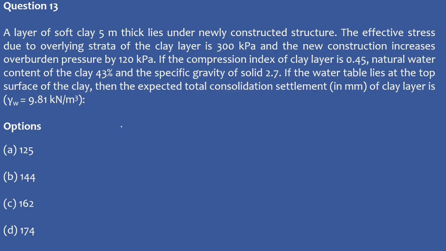You have been given with a layer which is 5 meter thick. It lies under newly constructed structure. The effective stress due to overlying state of the clay layer is 300 kPa and the new construction increases overburden.